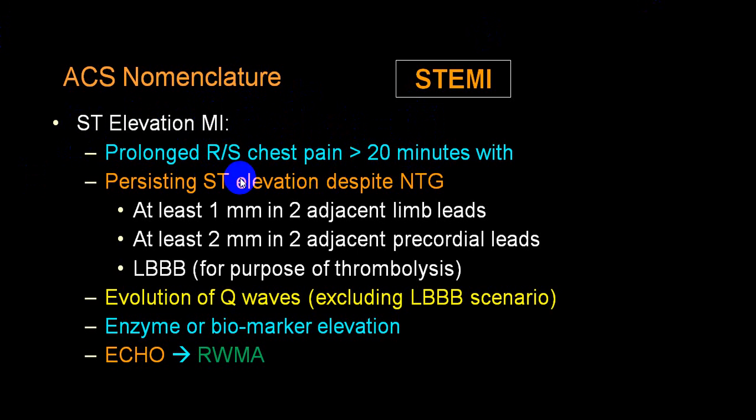There is persistent elevation of the ST segment despite nitroglycerin, at least 1 millimeter in adjacent limb leads, or 2 millimeter in precordial leads, minimum 2 adjacent precordial leads, or there is a fresh appearance of left bundle branch block, and there is evolution of a Q wave excluding left bundle branch block. Enzyme elevation like CPK-MB or troponin or LDH, and echocardiography shows regional wall motion abnormality.